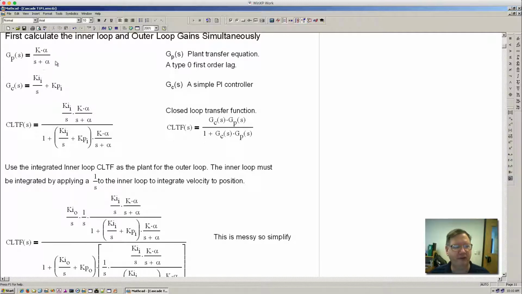So this is a simplified model in the S domain. So we have the plant, and this is for velocity. And then we have the controller. We've got a simple PI controller. And you have to have a PI controller on the inner loop, because if you don't, the velocity will never achieve the target or the requested velocity.